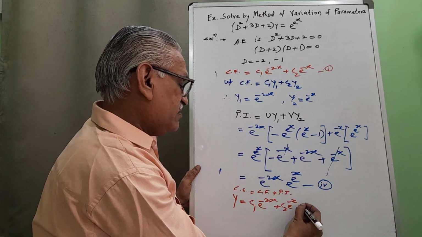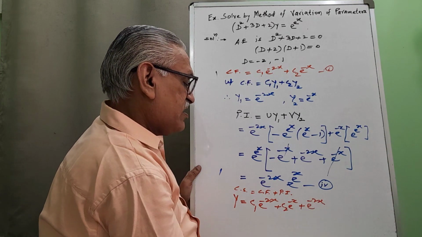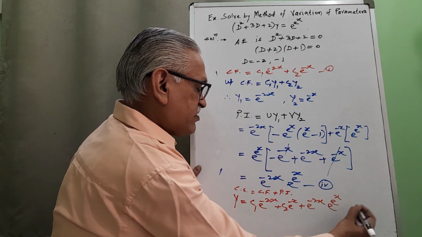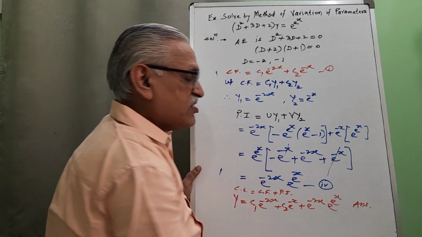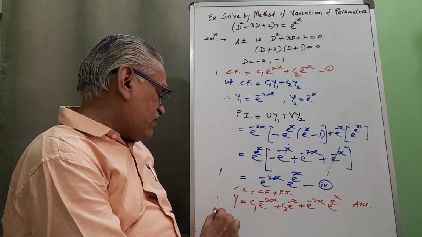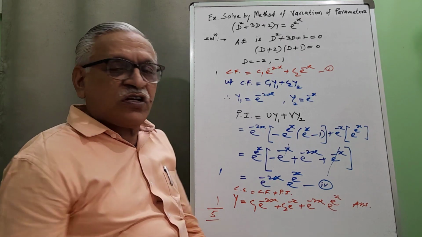Pi is e raised to minus 2x into e raised to x as the required answer or the required solution. And for this last step, 1 mark. Like this, total 5 marks.